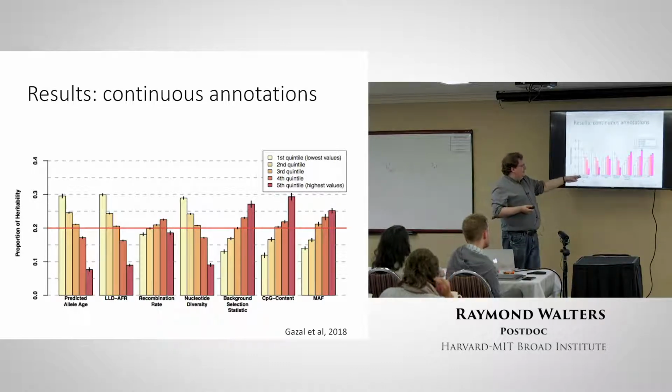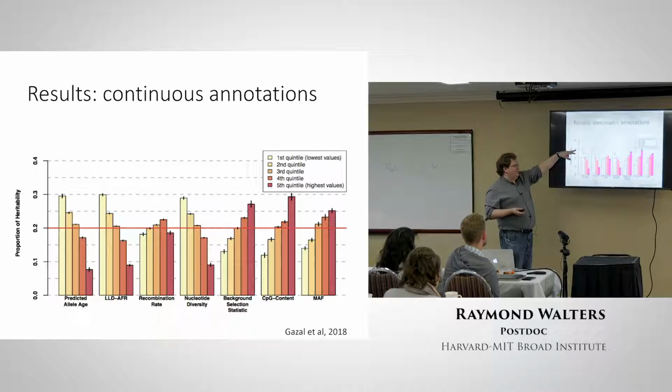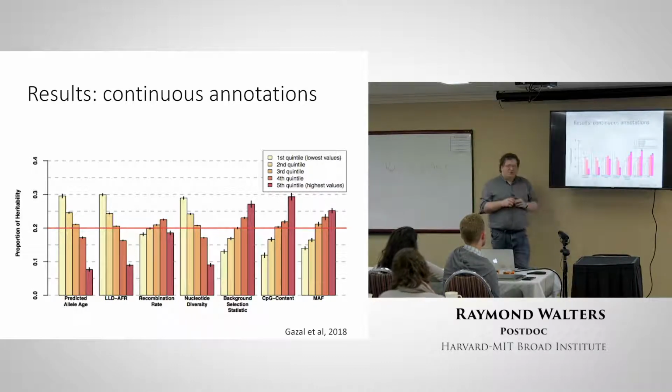So alleles with lower predicted allele age have a higher proportion of the total SNP heritability than the variants that have the oldest predicted allele age. So maybe there is this kind of sense that effects are proportionately larger when there's been less time for selection to act on you in terms of your current effect size.